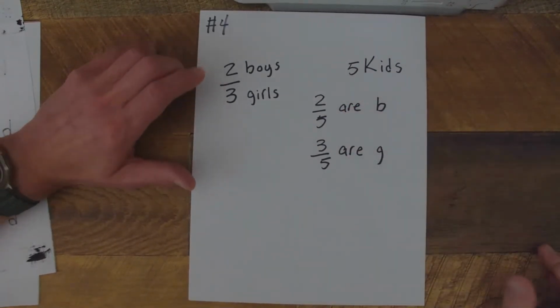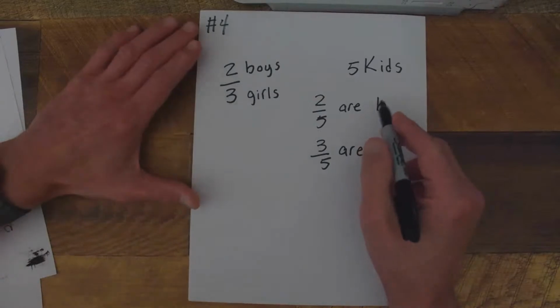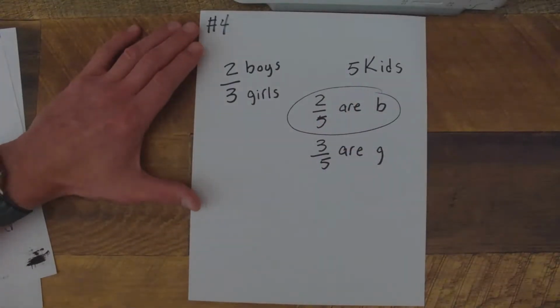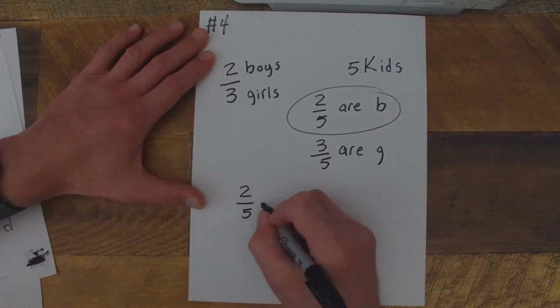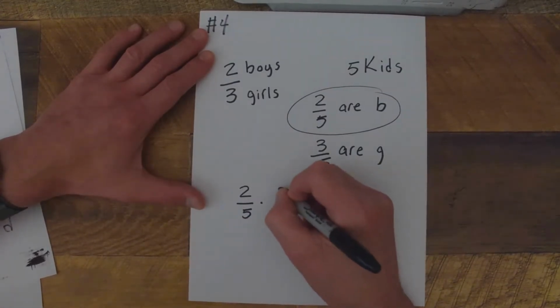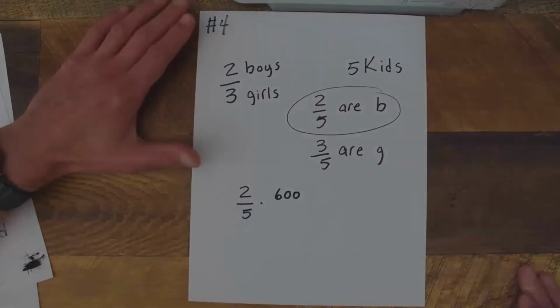Now we know what fractions we can use to help us solve this problem. So going back to the problem, it says, if there are 600 students in a school, how many boys are in the school? Well, now that we know what fraction we need to use, we're solving for boys here, we can do 2/5 times 600. And that will give us the amount of boys in the school.